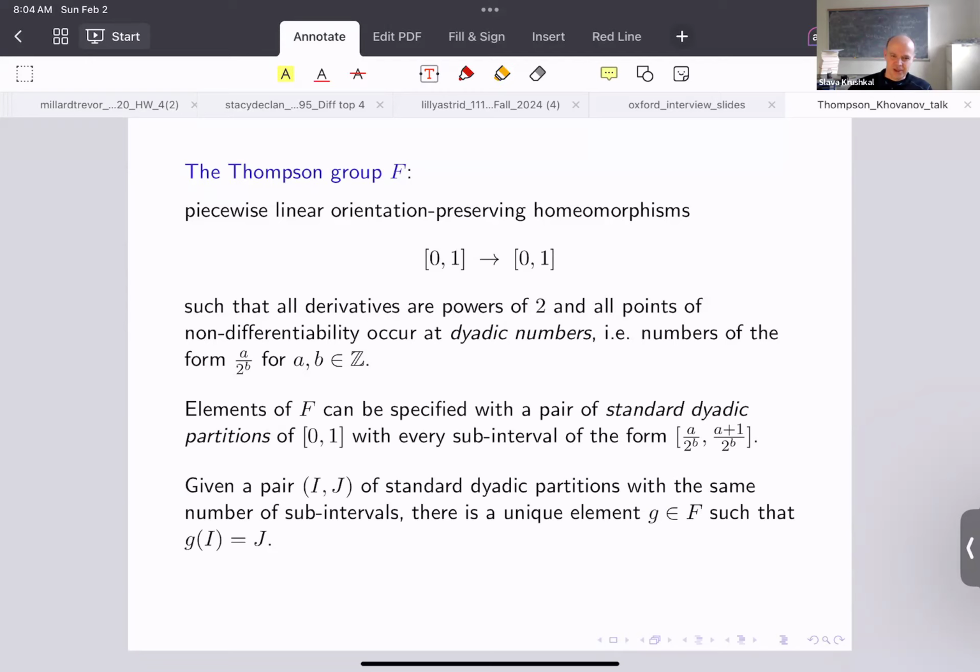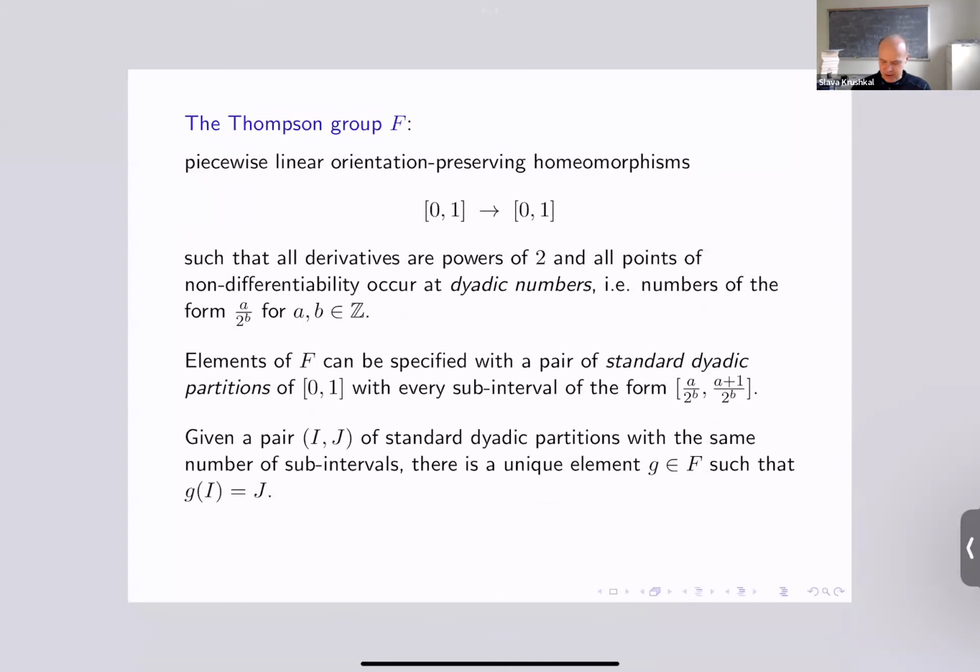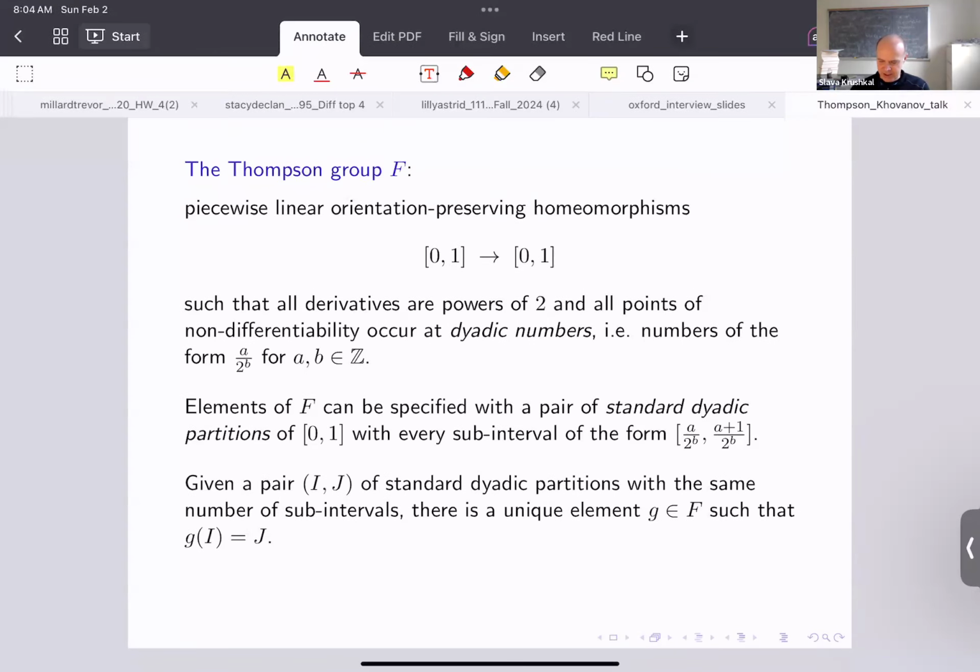So the subintervals of a standard dyadic partition are of this form: an integer divided by a power of 2, and then this integer plus 1 divided by the same power of 2. Given a pair of such standard dyadic partitions with the same number of subintervals, there is a unique element of this Thompson group F such that it takes the first standard dyadic partition to the second one.